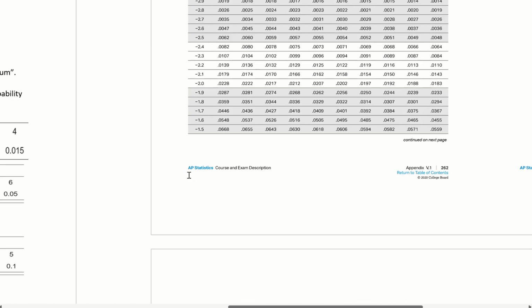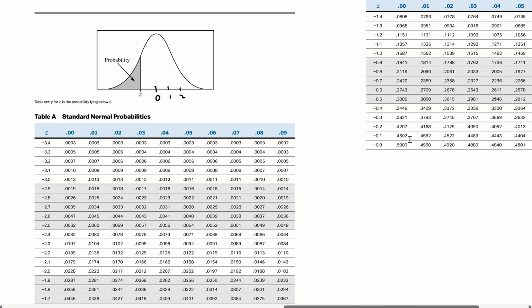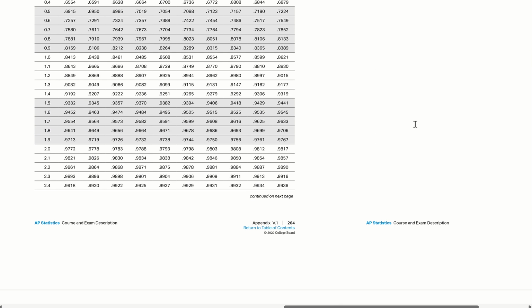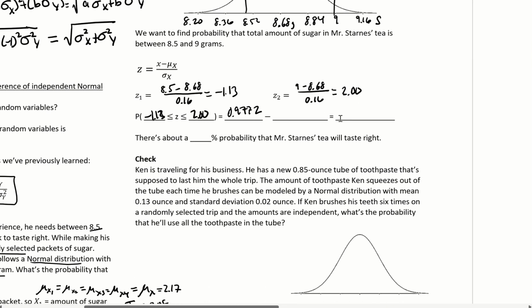And the next one is negative 1.13. So that's 0.1292. All right, so we're going to subtract those. We'll do this on the calculator real quick. You get 0.8480.